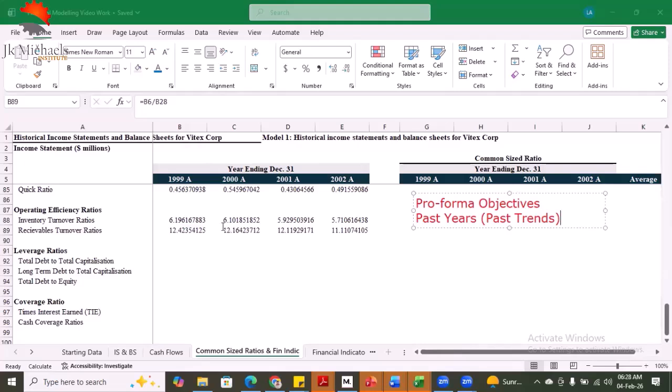So in this case, we don't have information on what their pro forma objectives were, but we can see that receivables turn was not improving against the last year. Inventory turn generally did not improve over 4 years, right? It actually reduced. Inventory turnover is an efficiency ratio, and the efficiency reduced. Of course, the higher the number, all things being equal, the better.